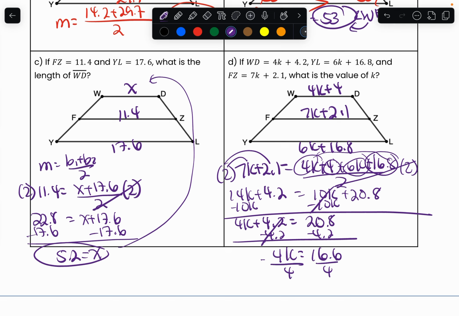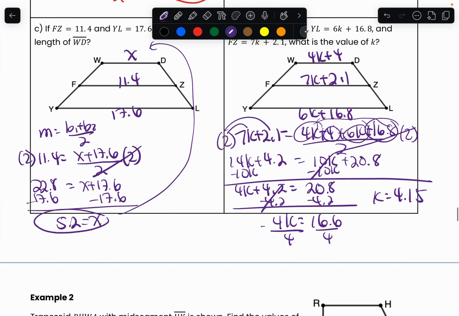My k value will be 16.6 divided by 4. This will give me the value of 4.15, and that's going to be my answer of k. Now let's move on to example 2.